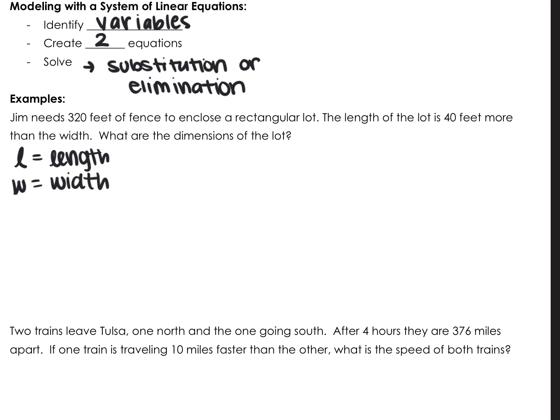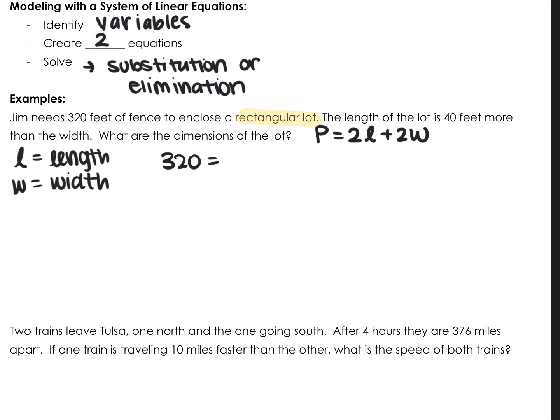So important thing to know here is if we have a rectangular lot, what's the formula for the perimeter of a rectangle? So formula for a perimeter of a rectangle is 2 times the length plus 2 times the width. So we know the perimeter is 320.